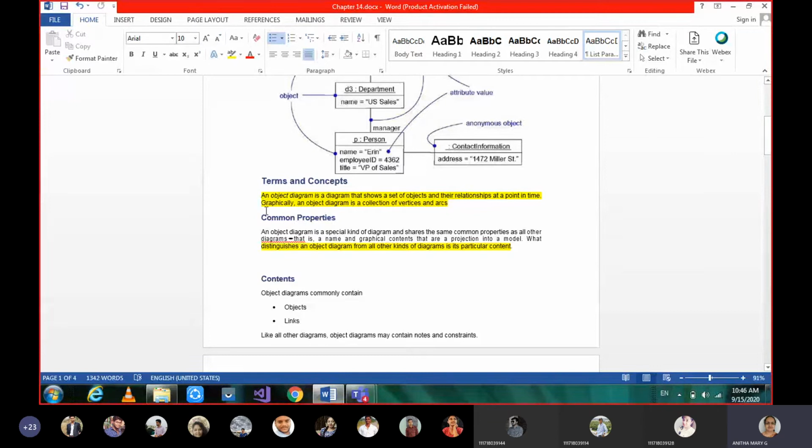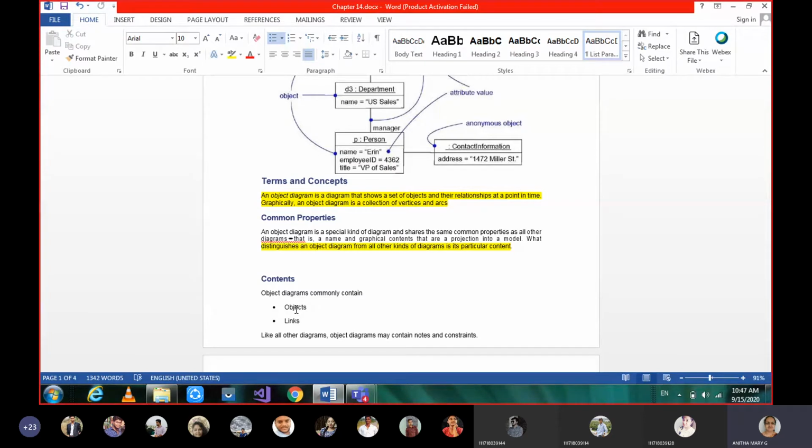Under terminology and concepts, I also told you what the subheadings are under any diagram chapter. In the first part, we'll have common properties, contents and common uses. And whatever common uses we have can be the same as the second part, that is common modeling techniques. So remember these subheadings. If you remember the content, based on what concept you are talking about, you can write accordingly.